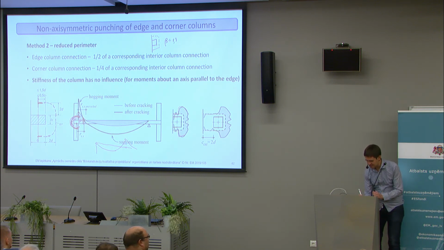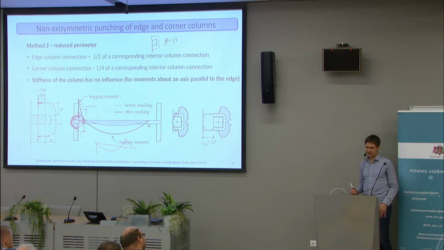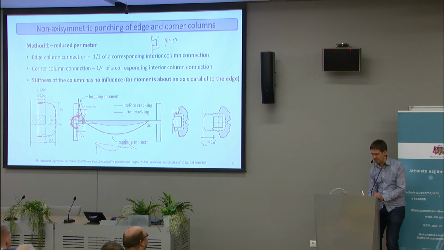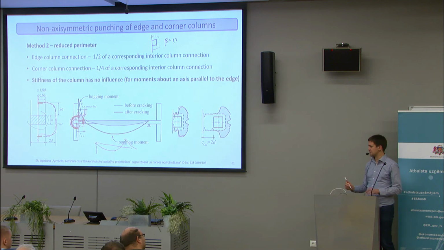And when you have a less stiff connection, you have larger rotation here, but the punching capacity will actually increase because the shear slenderness will decrease. So in the end, this Eurocode approach doesn't take into account at all the moment transferred from the edge column to the slab.